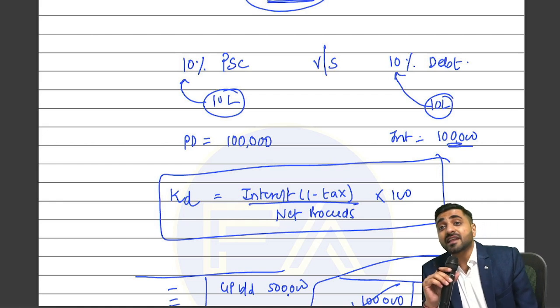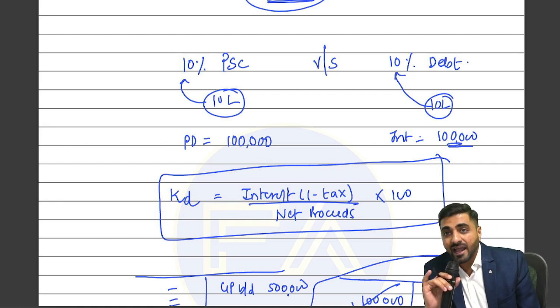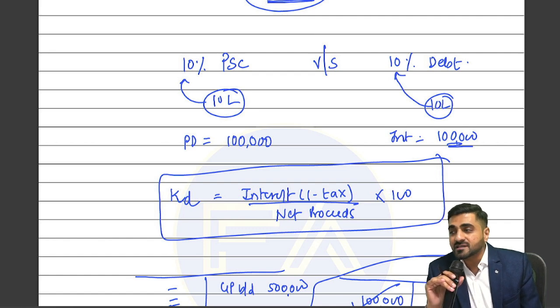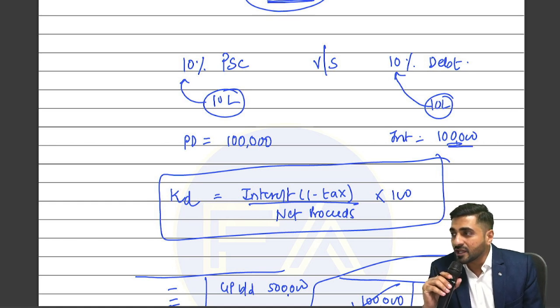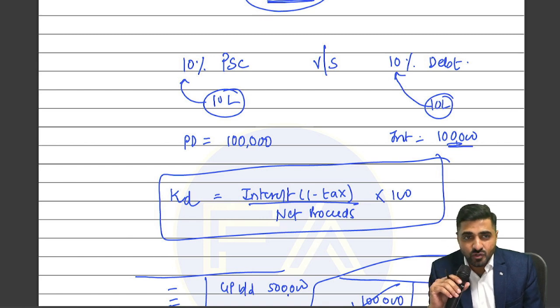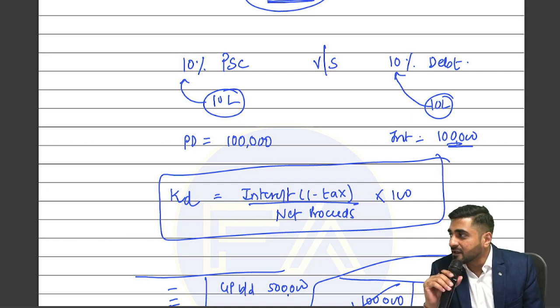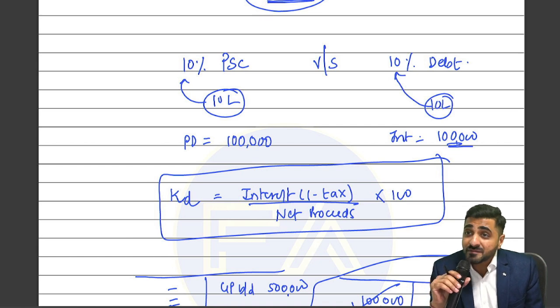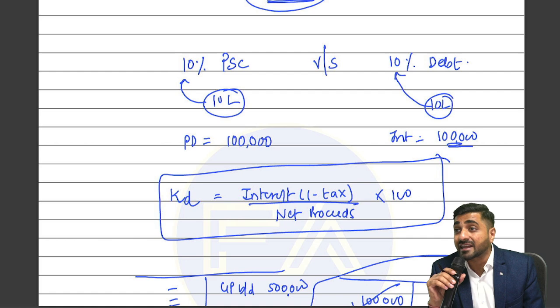Now debentures can be issued either at par, at premium, or at discount. If my debentures are issued at some premium, then I will receive more than 10 lakh rupees by way of net proceeds. Yes, sir. If I issue at a discount, then I'll be receiving less. Sometimes they will give you the net proceeds amount readily available. Or sometimes, my dear students, they will give you market price.